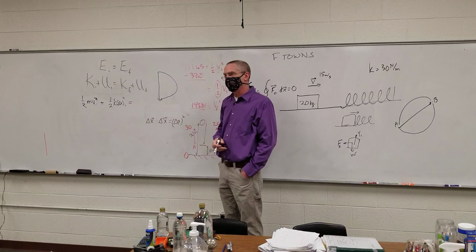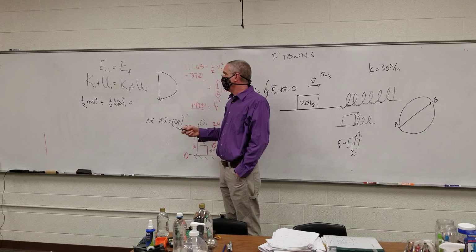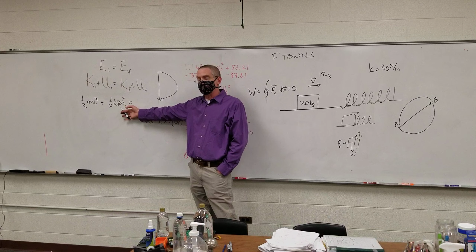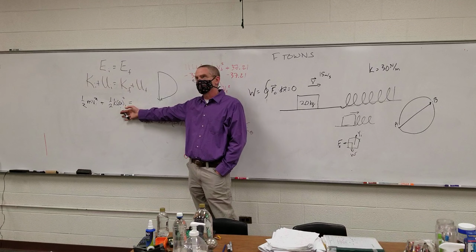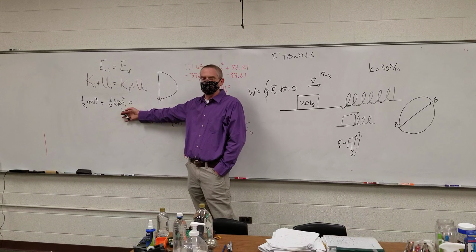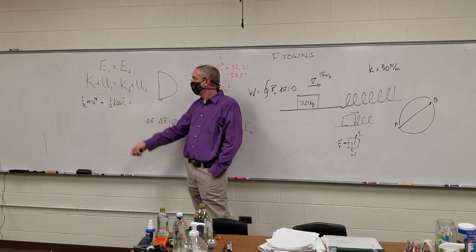It's a notational thing. Ultimately, whatever the displacement is, we're gonna square it, and the vector part goes away. This is the big thing with energy, is the fact that we're not dealing with direction, other than, is it doing any work or not?